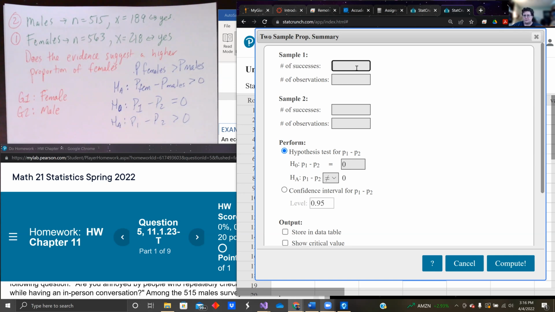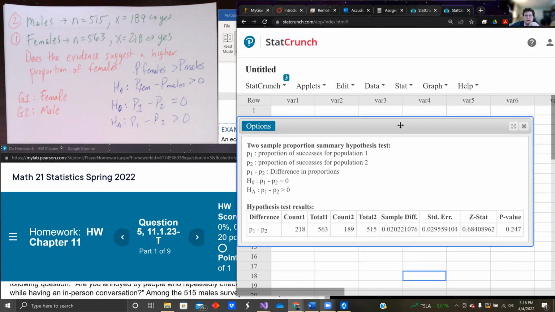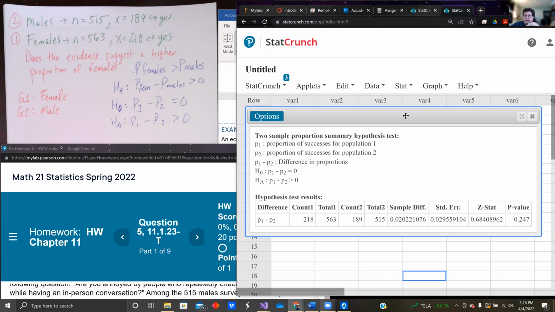Labeling all this stuff helps me figure out where I'm going to put what. The female information goes on top, the male information goes on bottom, and I can get all my symbols to match up with what I'm doing on the paper. And I click Compute.